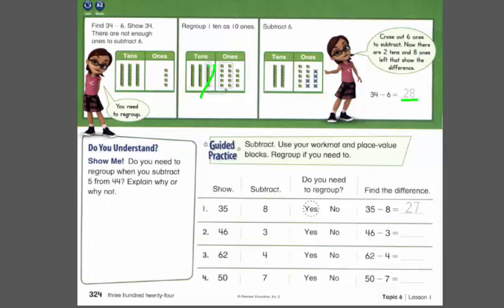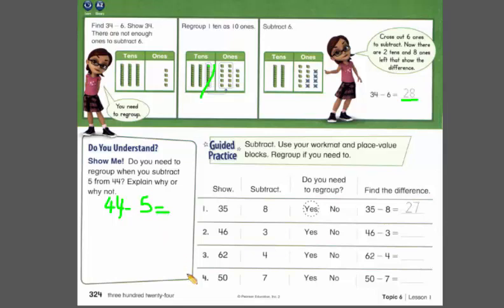Do you need to regroup when you subtract 5 from 44? 44 minus 5. Can you subtract 44 minus 5?